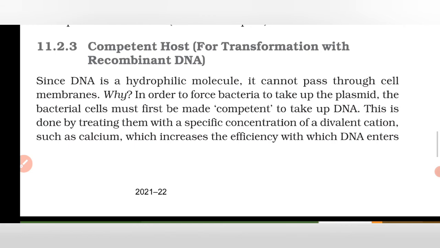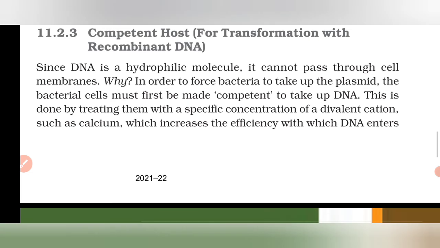In order to force bacteria to take up the plasmid, the bacterial cells must first be made competent to take up the DNA. So we have to prepare them first, before putting DNA inside them.